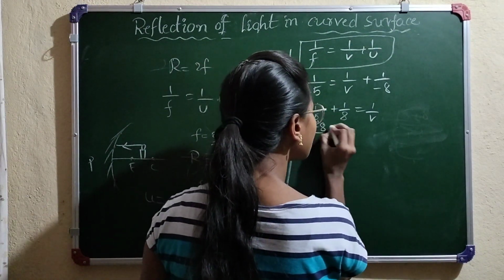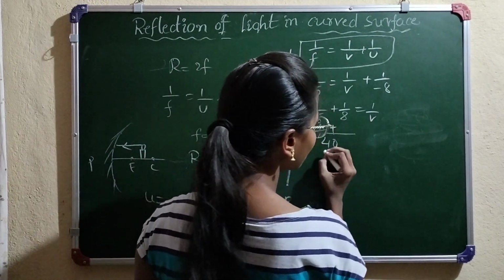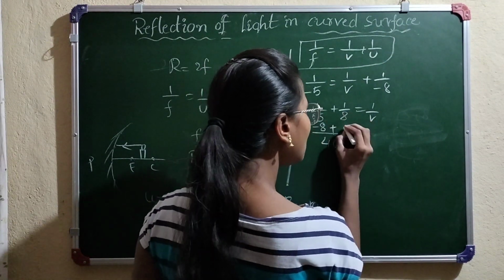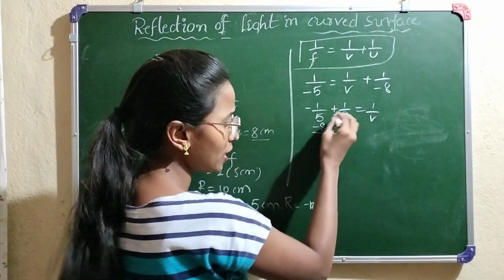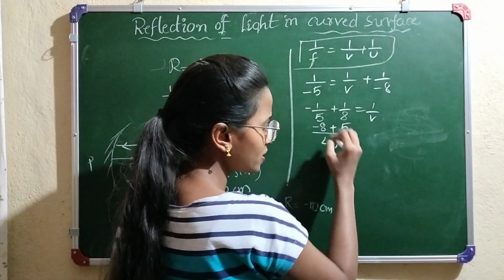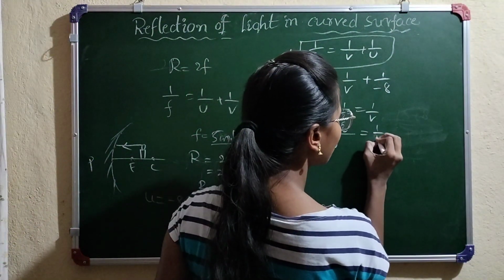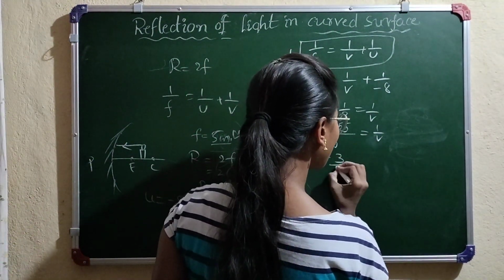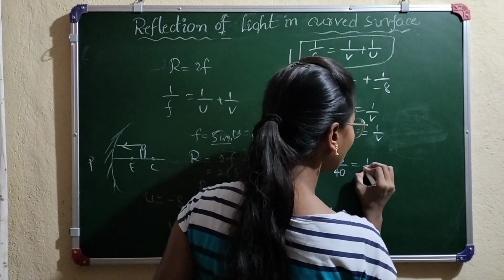Here it is minus 8 and here plus 5. So minus 3 by 40 is equal to 1 by v.